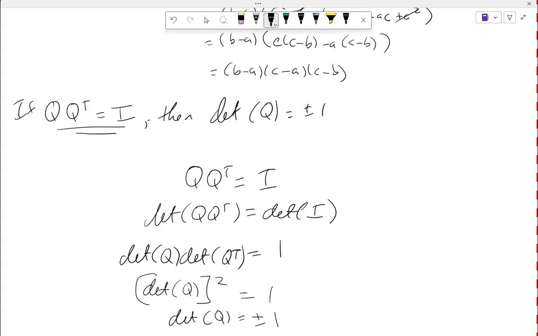This talks about determinant of a product. Determinant of a product is the product of the determinants, and the determinant of the transpose is the same as the determinant of the original. So even though it's a short little proof, it's got 3 different concepts in there for what we talked about for determinant functions. Kind of nice. It's a nice little problem.